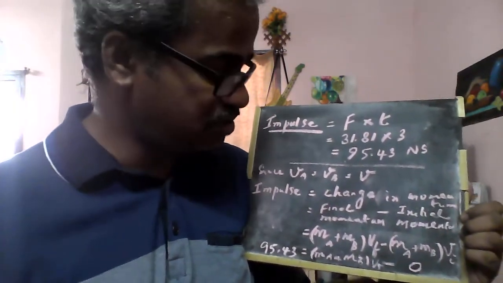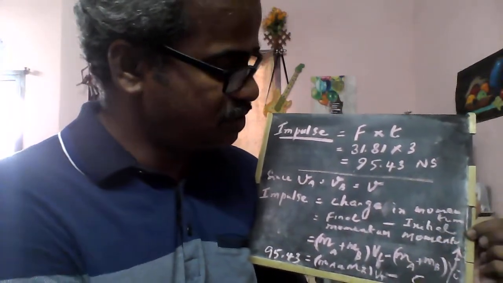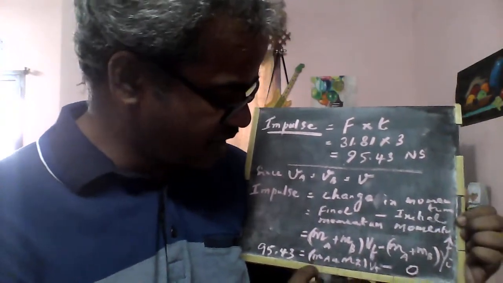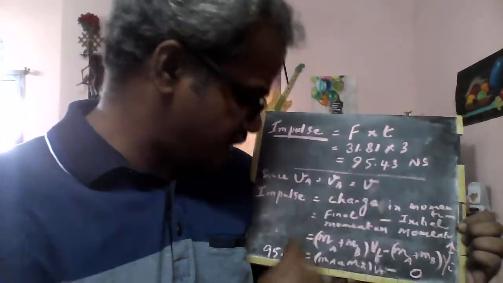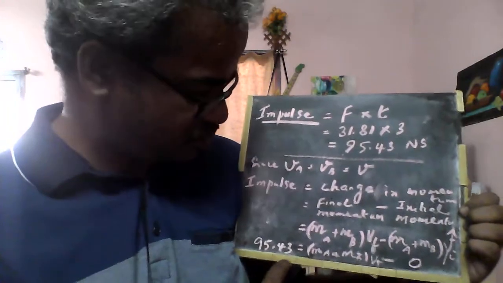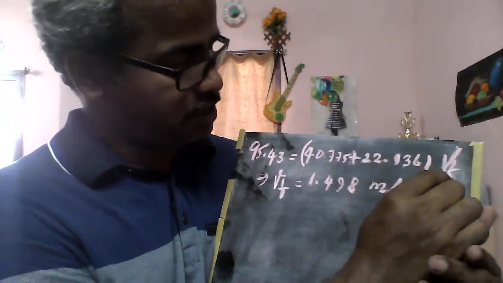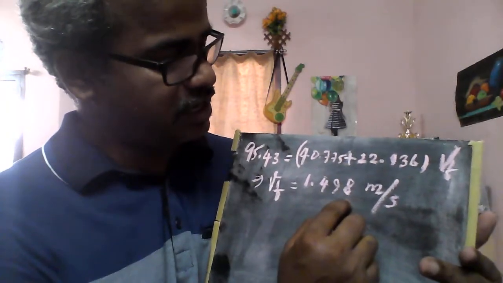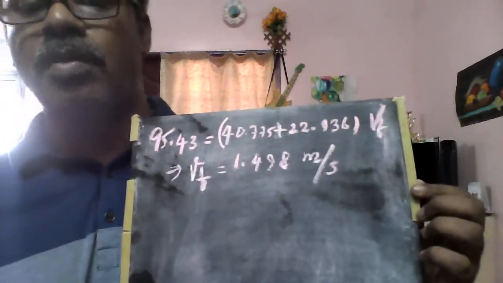Since the initial velocity is 0, the whole initial momentum term will be 0. So you have (MA plus MB) into VF alone equal to the impulse, 95.43. From this I can find the final velocity, that is 1.498 meter per second.